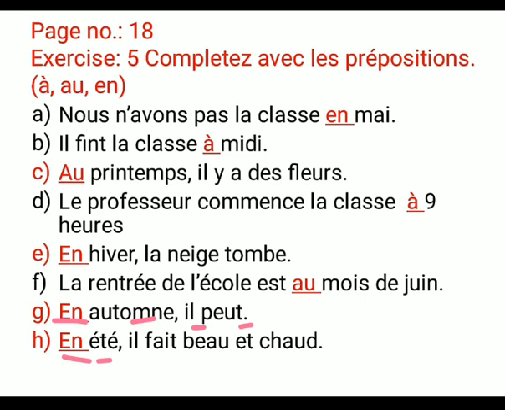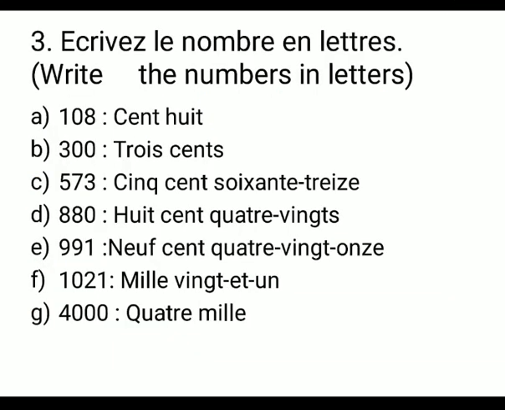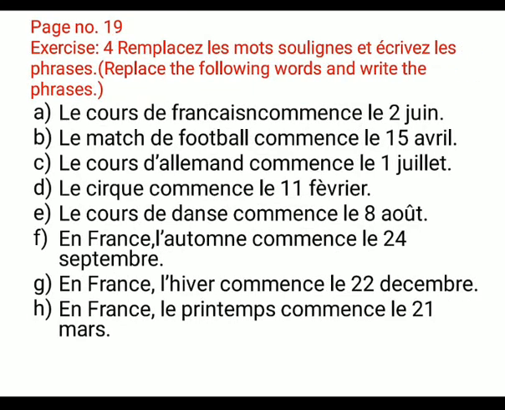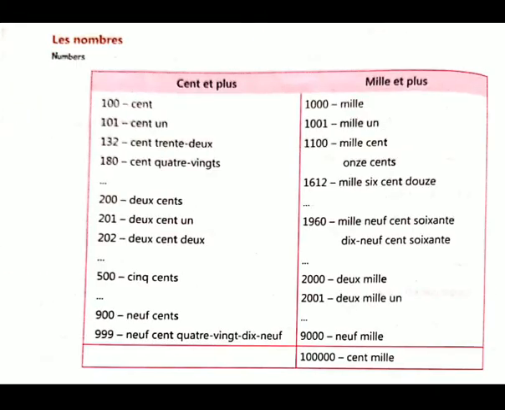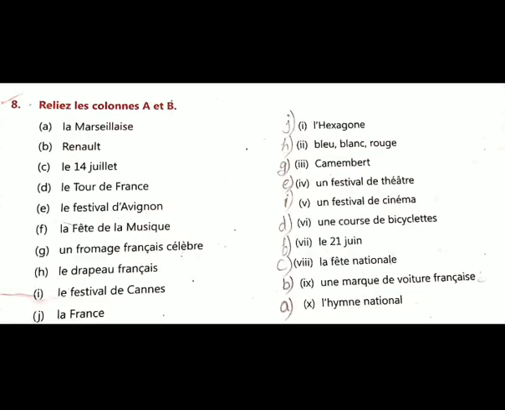En été, in summer, il fait beau et chaud, the weather is beautiful and hot. So students, this is exercise number 5. Do this exercise in your books also. So as you know, we have done exercise number 3, 4, 5. Now after the 5th exercise, move on to the 8th exercise.